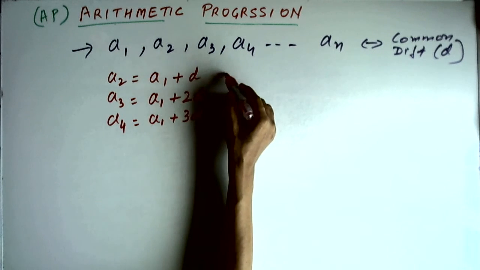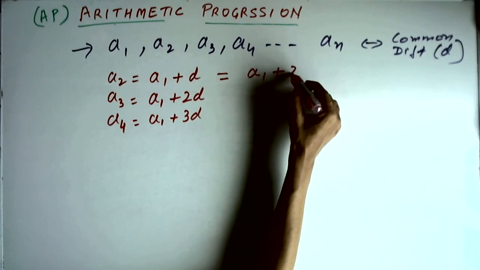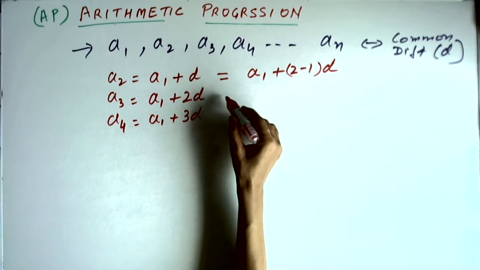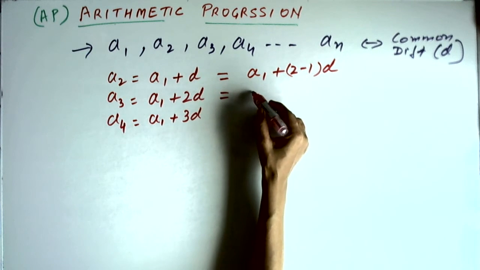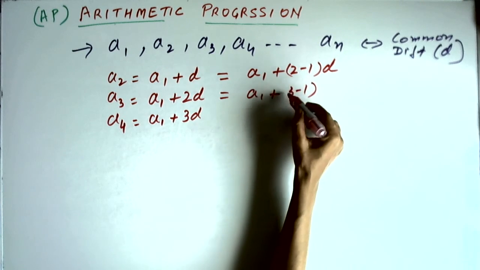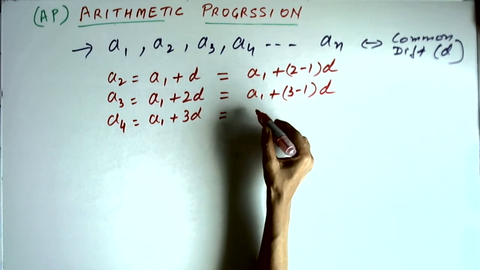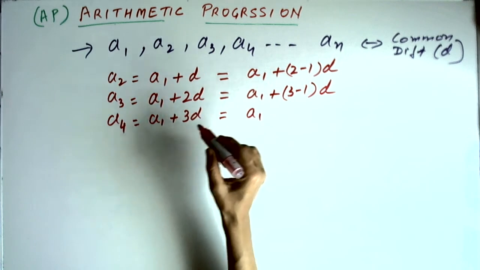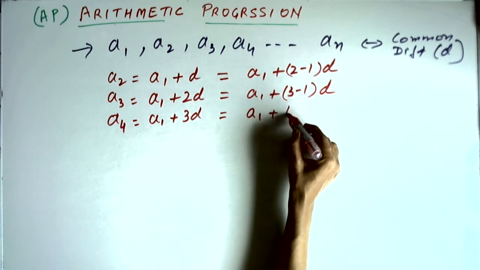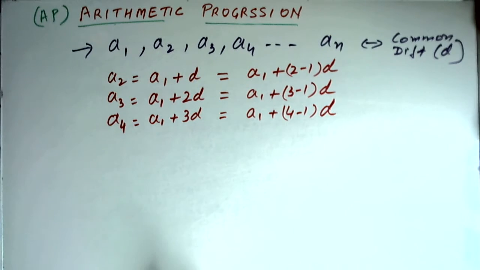This means we can write this also as A1 plus (2 minus 1) D, A1 plus (3 minus 1) D, and the fourth term we can write as A1 plus (4 minus 1) into D.